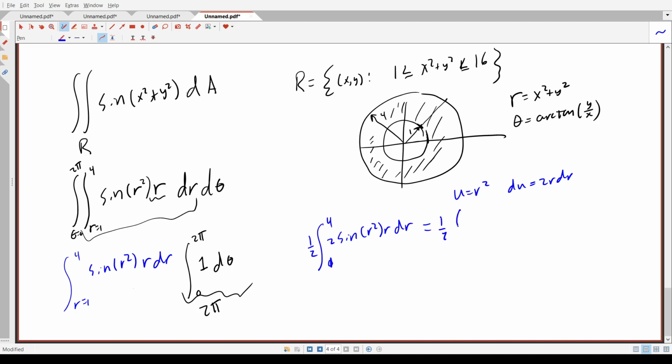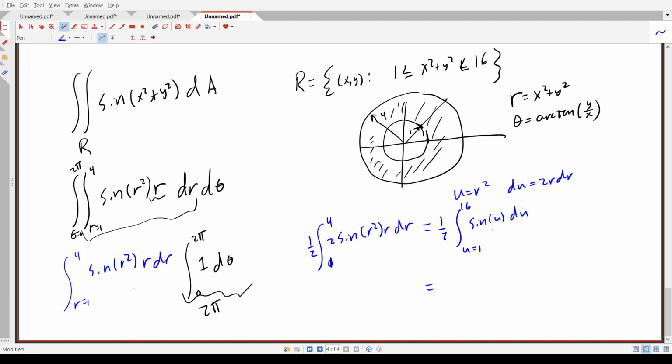So I have the integral of sine of u du, right? 2r dr is du. And when r is 1, u is 1. And when r is 4, u is 16. So we integrate this.